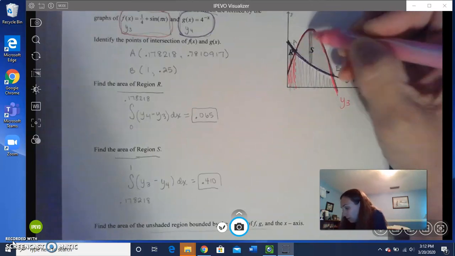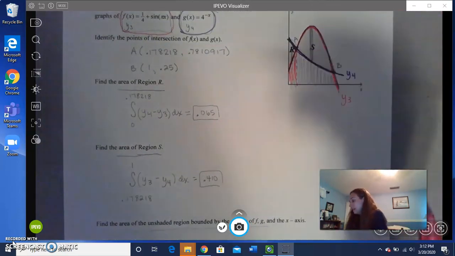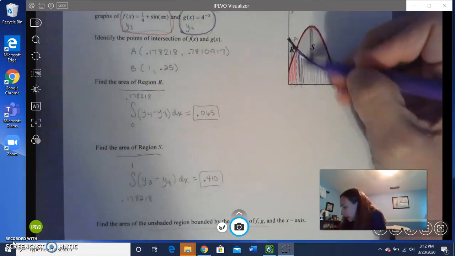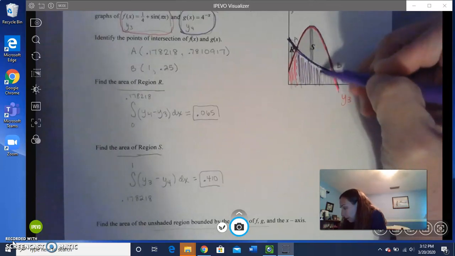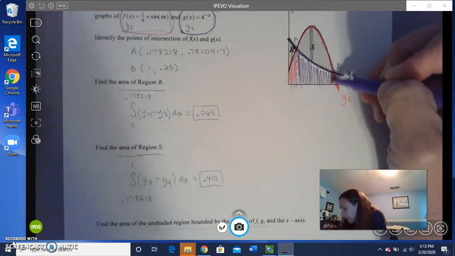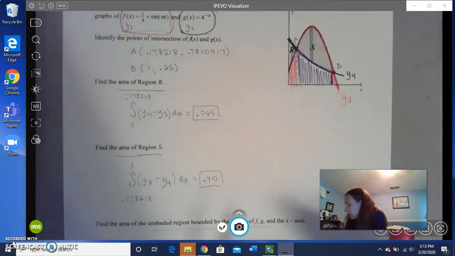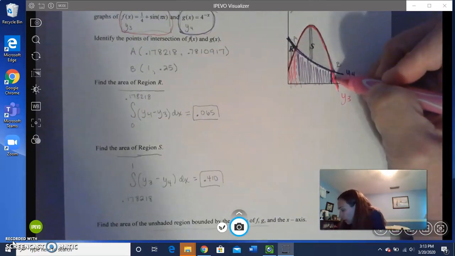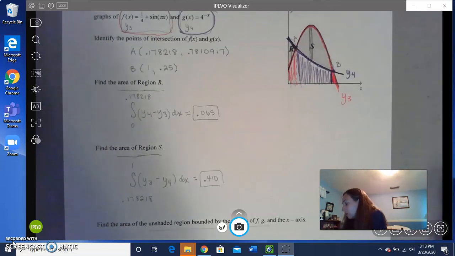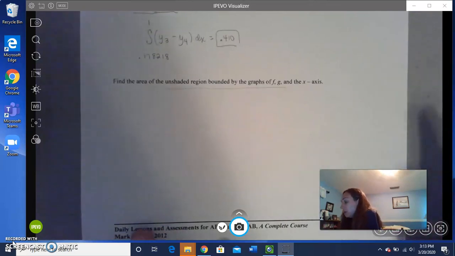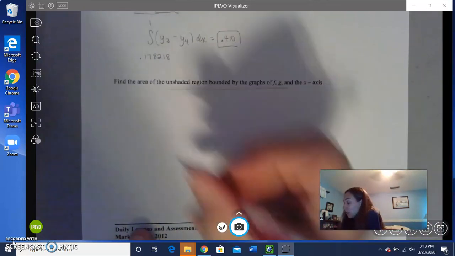y3 graph, right? And the next section here looks like it's the area under the purple curve, but that only happens until I get to here. And then I have this third little region here that is the area underneath this pink graph again. So I actually have 3 little sections that I have to add to get the area bound to the x-axis, like this.